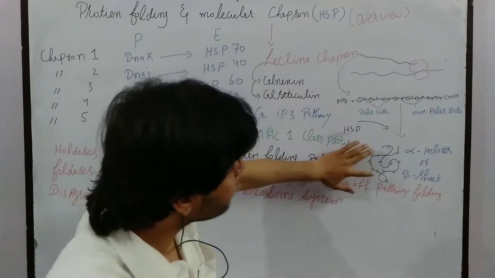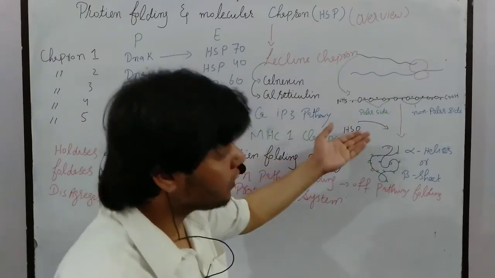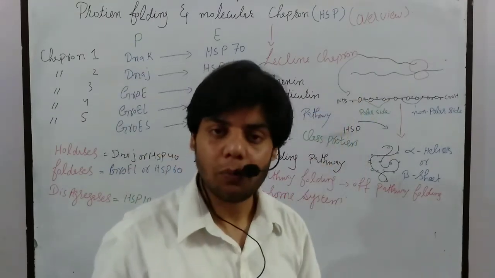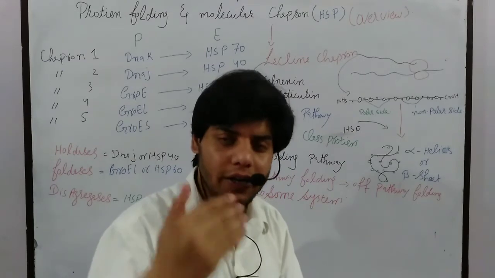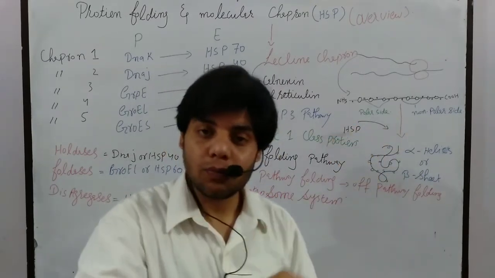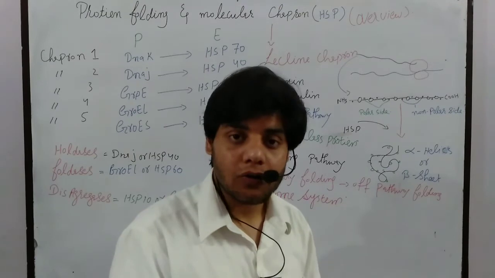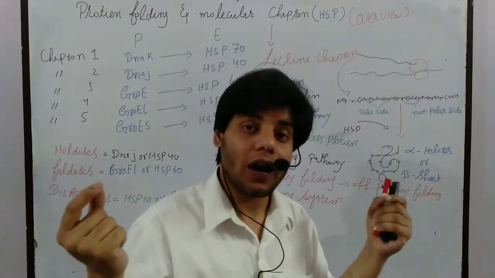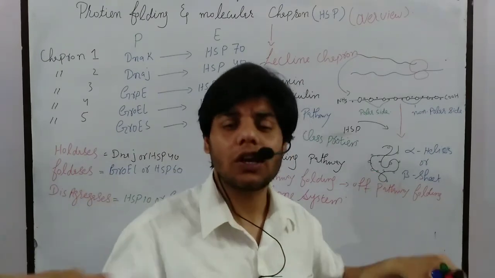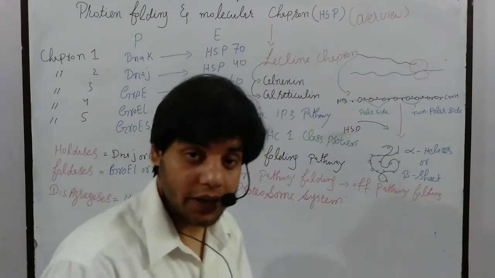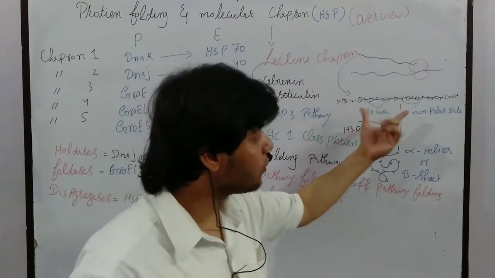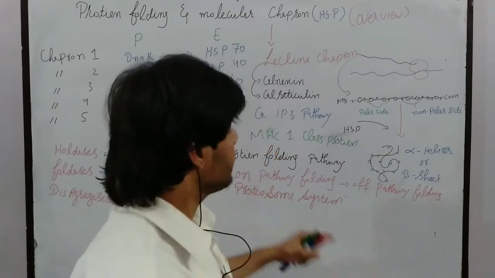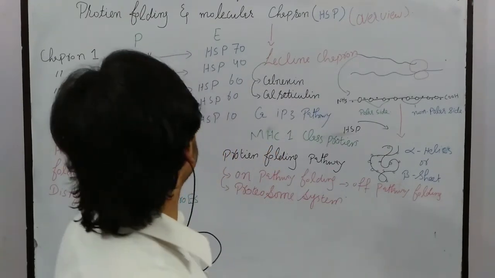So this protein is shifted to the proteasome. Proteasome is a kind of degradative enzyme, so it will degrade this protein. Once the protein is degraded, amino acids are formed, and they are sequentially connected with each other again. The second time, this protein will be converted into a folded form. Okay, so this is all about molecular chaperones and protein folding.